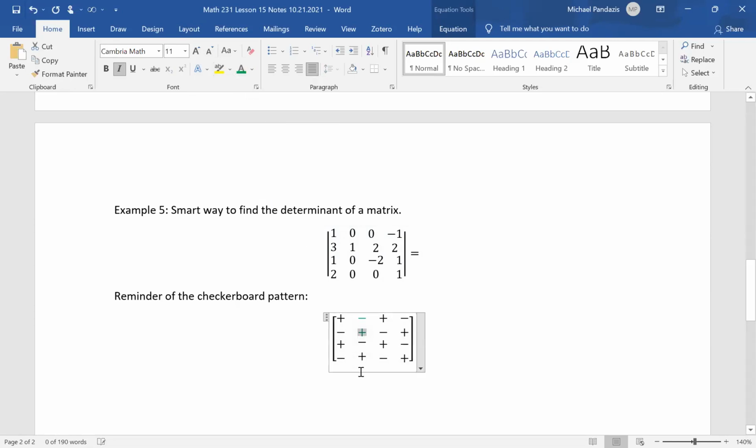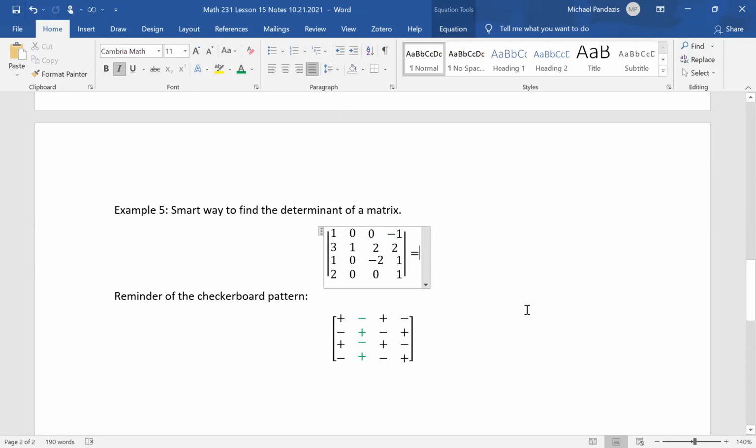The top left entry of your matrix is plus, but because we're starting with the second column, the first entry we care about is actually negative, because we're starting the pattern here.